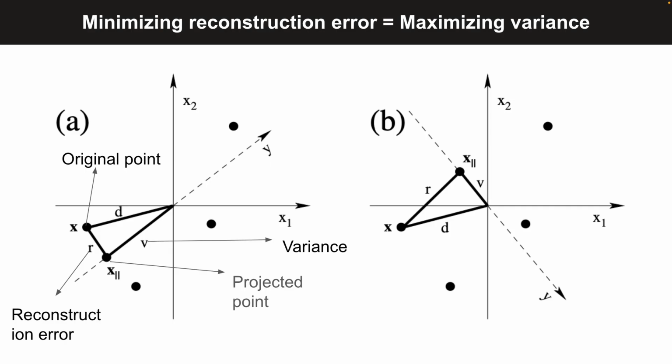So minimizing the reconstruction error, we're not doing any formal math here, right? But intuitively, does everyone see why minimizing the reconstruction error is equivalent to maximizing the variance once you have mean centered your data? Clear, everyone?